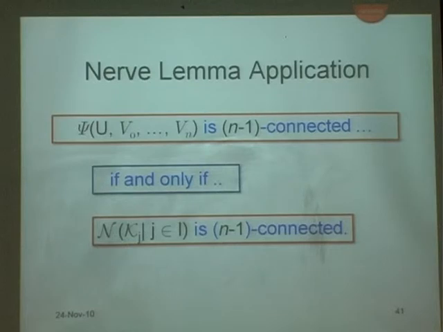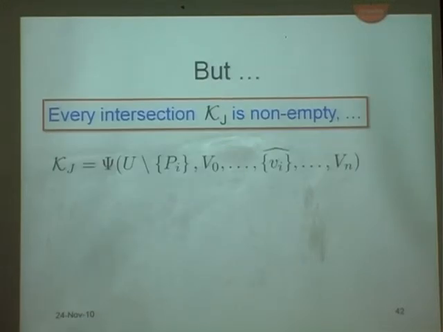So in all these arguments with the nerve complex, you take a complicated complex, you break it up into pieces, you say each of the pieces is topologically simple, it's highly connected. Then the only thing that matters is the pattern in which the pieces intersect each other, which is typically much simpler than the one you started out with. So we need to show that this is n minus 1 connected.